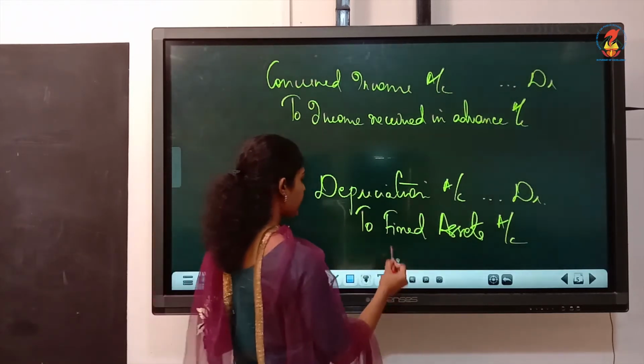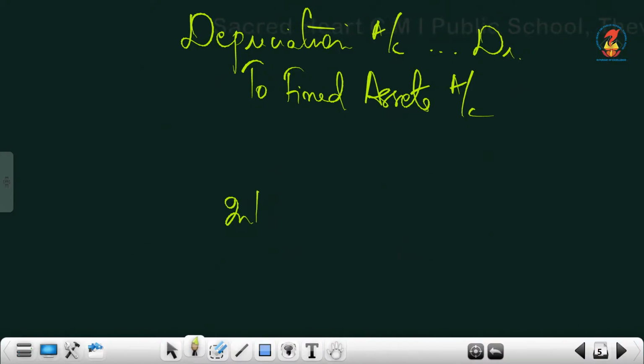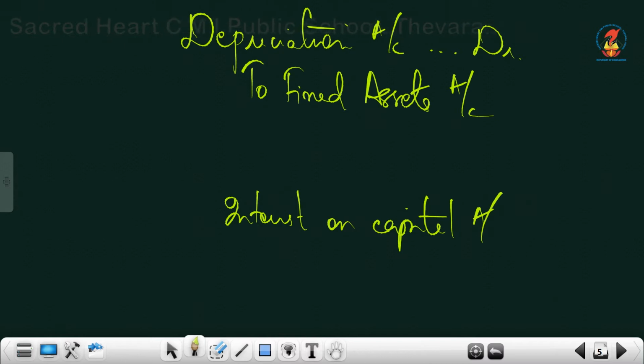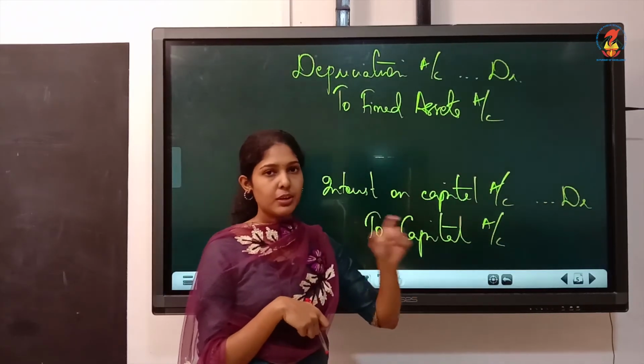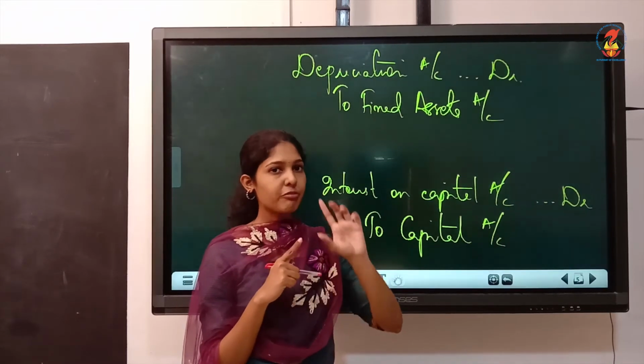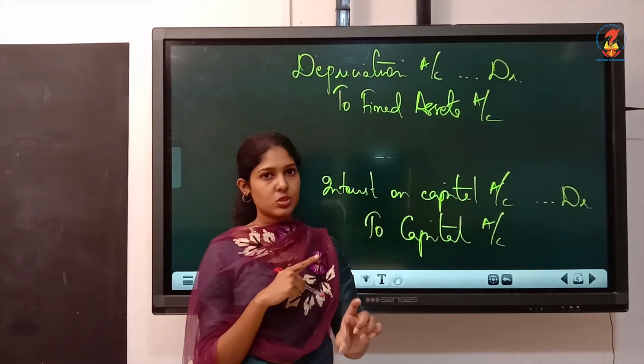So what will you write? You have to write it as interest on capital account debtor. It's an expense, so that should be debited. Interest on capital account debtor to capital, that's what you have to write. We haven't paid anything right now. Did I say like paid interest on capital? No. This is the entry for just recording interest on capital.